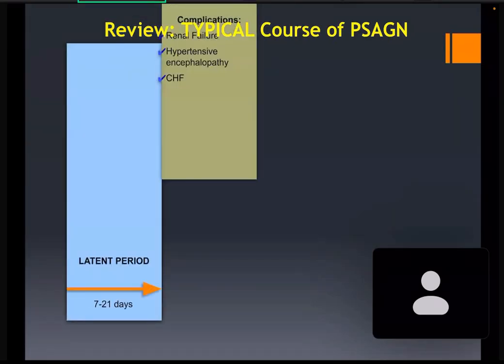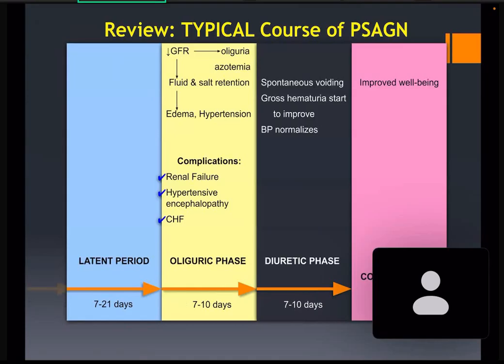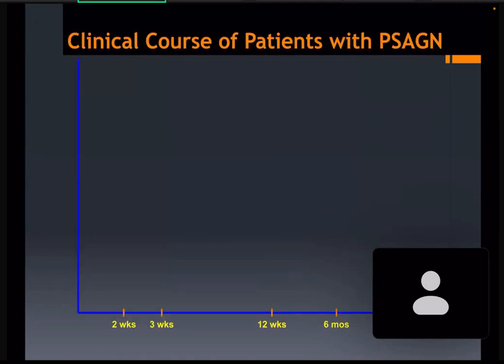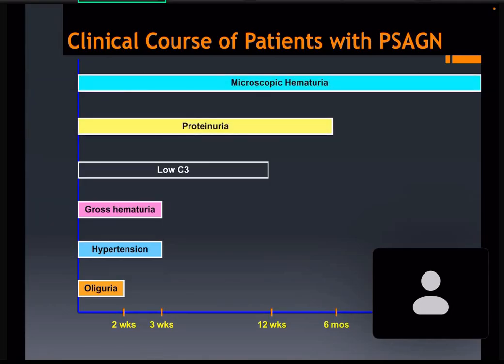So if you review back, these are the typical course of PSGN. If it does not follow this particular typical course, then that is considered atypical. Okay? So now we go to the clinical course. We mentioned earlier that the early manifestations of PSGN started with oliguria, which can happen in 2 weeks' time.